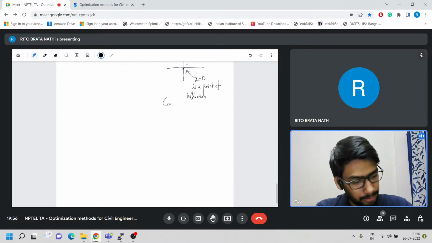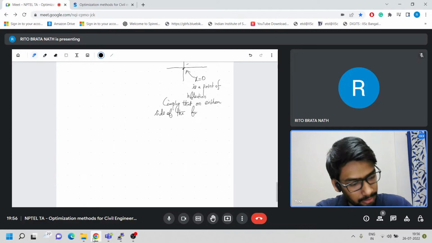This will imply that on either side of the point, you will have one increasing portion and another decreasing portion.